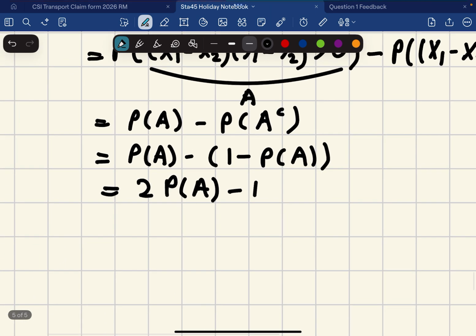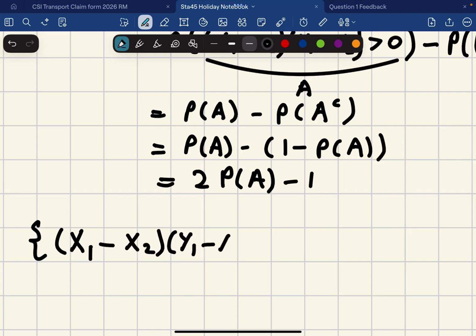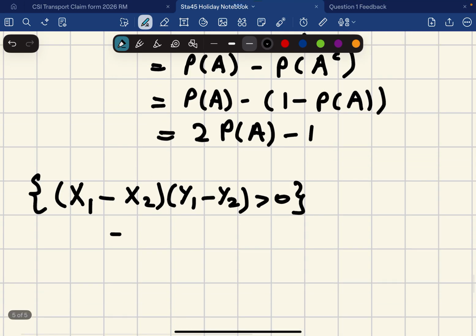So if I have the event that x1 minus x2 times y1 minus y2 gives me a positive number, it could either mean that both are negative or both are positive, right? That's the only way to get a positive number: negative, negative, or positive, positive.